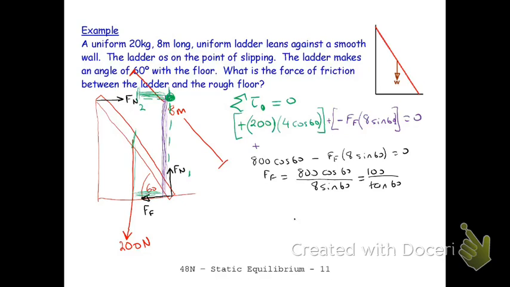You don't have to recognize that cosine over sine, adjacent over hypotenuse divided by opposite over hypotenuse, is adjacent over opposite, which is 1 over a tangent. That's just a little mathematical shortcut, but you don't need that shortcut at all. And so we say FF is equal to 100 divided by the tangent of 60, which equals 57.7.